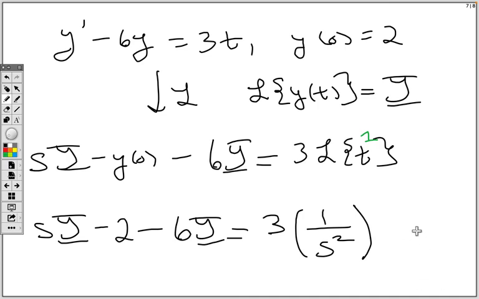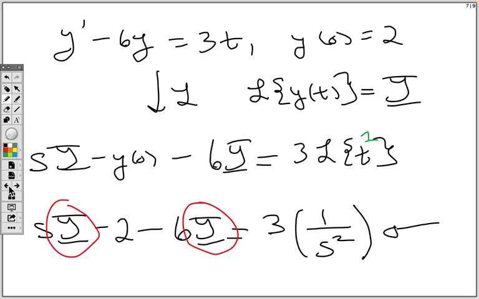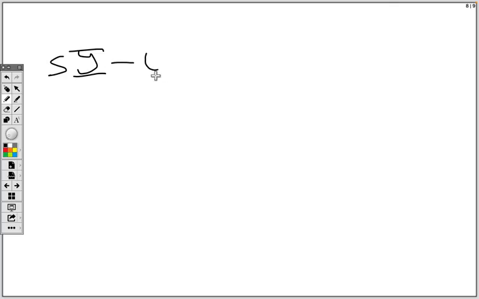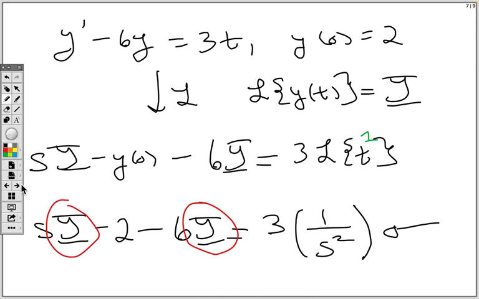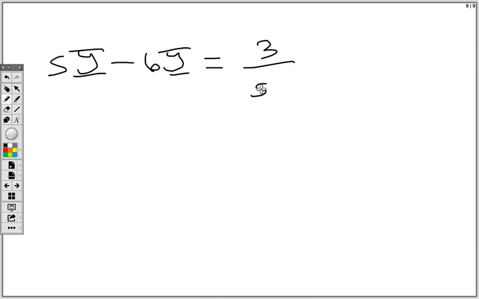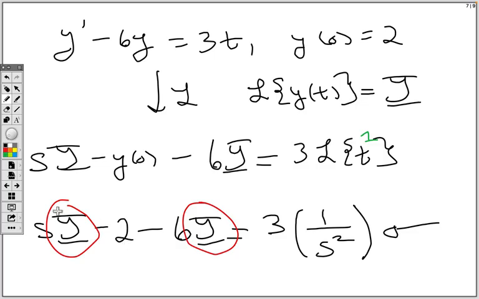And now what I have is an algebraic equation for capital Y. All right, so we're going to get all the capital Y's on one side and everything else on the other, so we'll be able to factor that capital Y out. So I've got S capital Y minus 6 capital Y equals, I'm going to add that 2 over, so it's 3 over S squared plus 2.